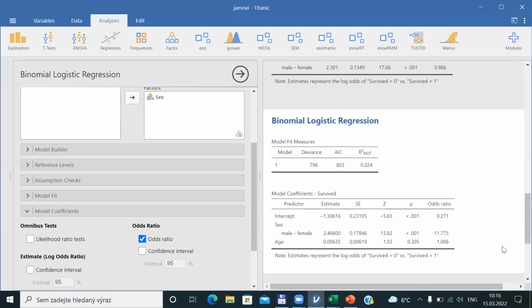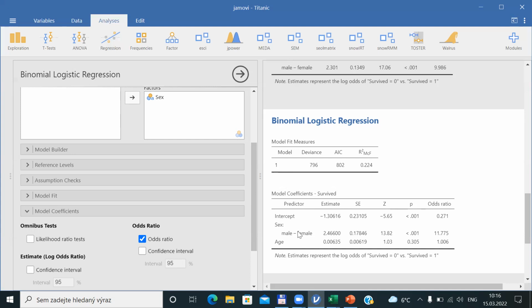So once again, it is written here that we are comparing male and female. And we know that for male, there was a bigger chance of dying. For a man to die, yeah. So we know that if it is written that it is male in comparison with female, it means a comparison of those who died versus those who didn't die.